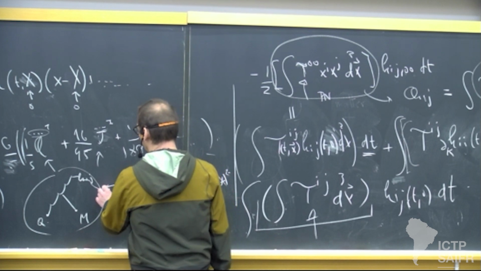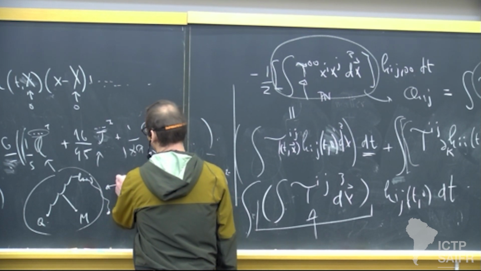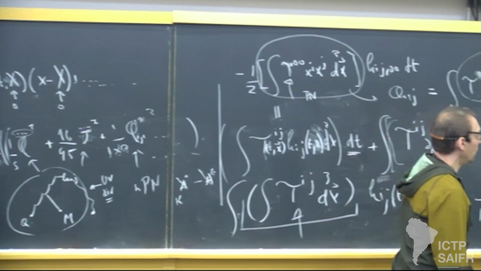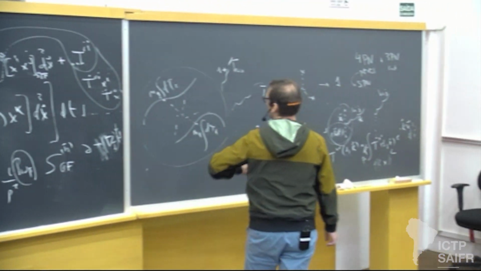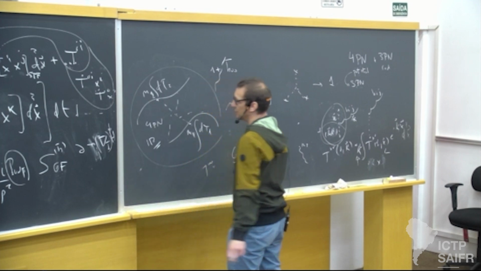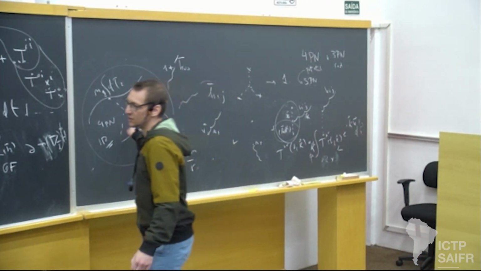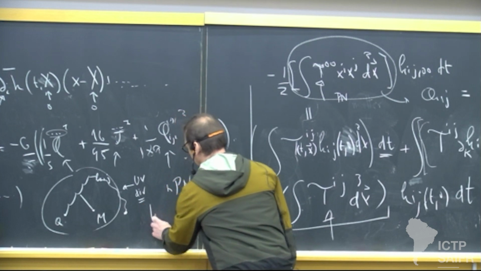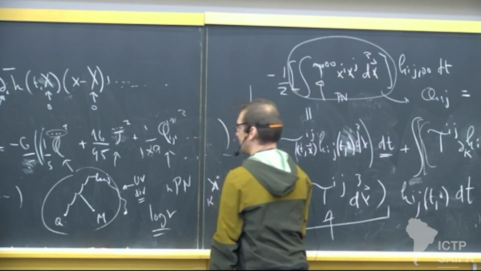This also starts getting very interesting because this, for example, has UV divergences. And at some point in this iteration, at 4 Pn, we start seeing infrared divergences. And these infrared divergences and these UV divergences are connected because at the end we get also logarithms.